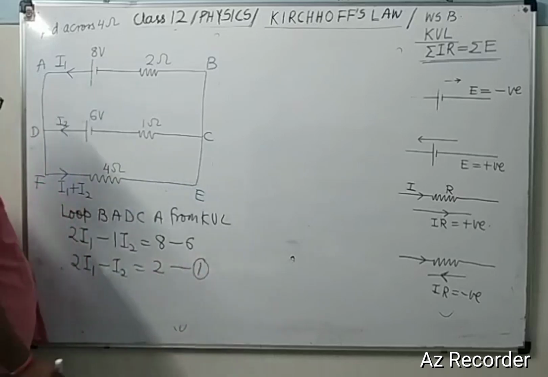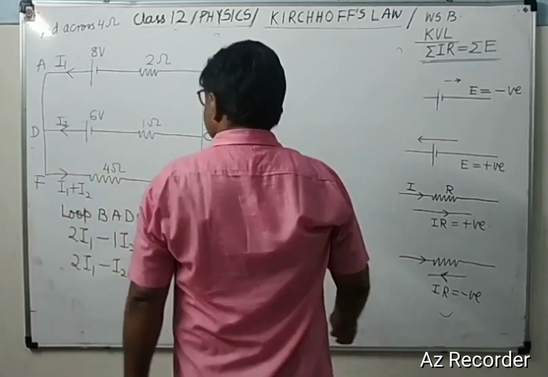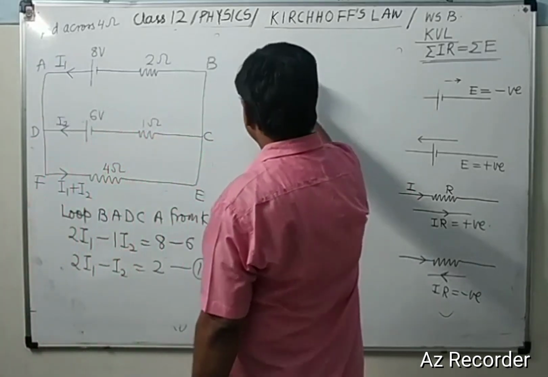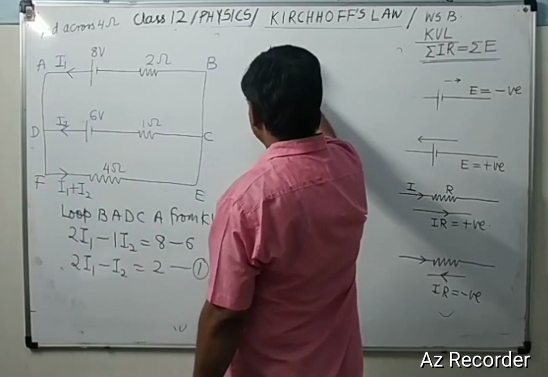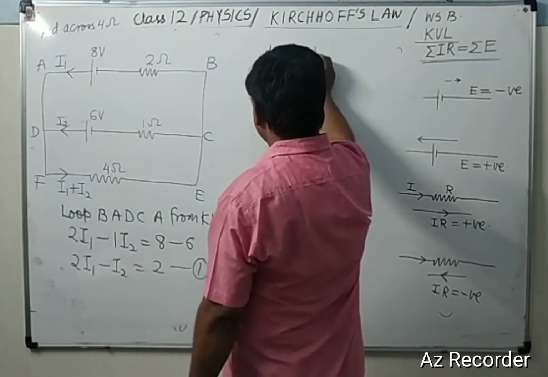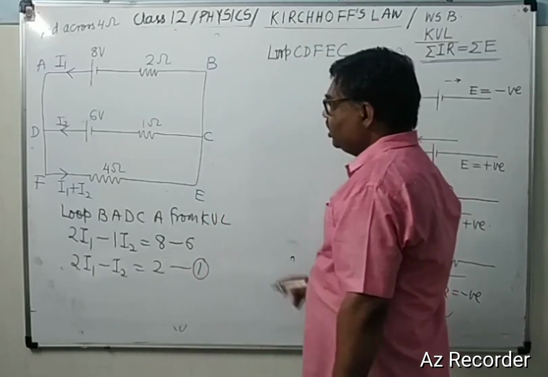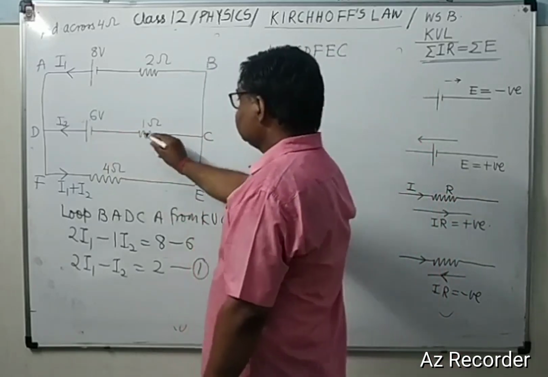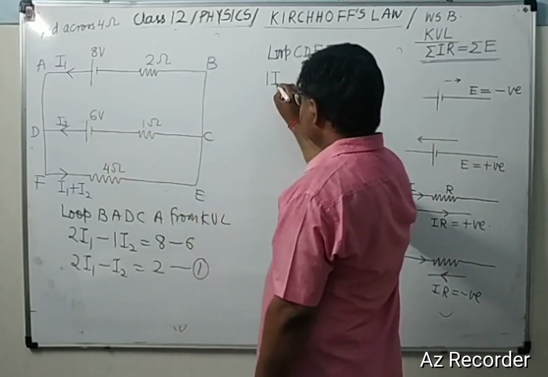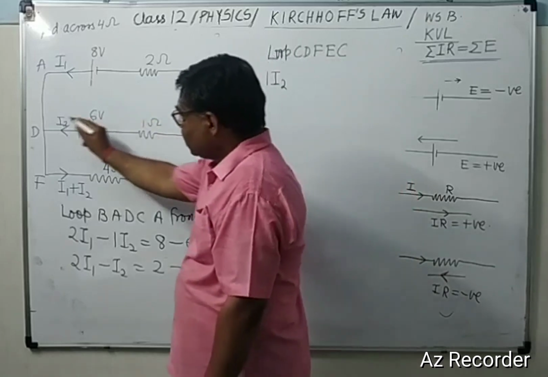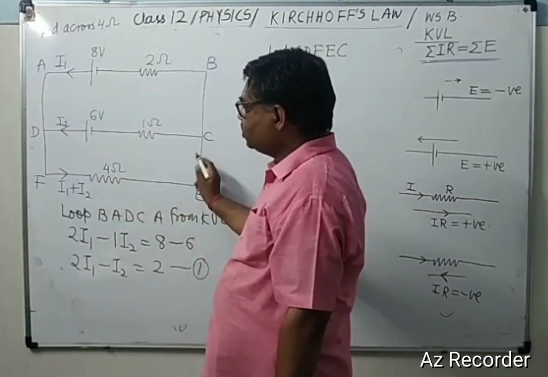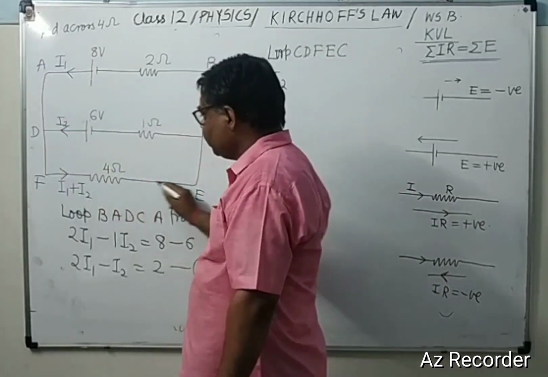It's clear? Then you take loop CDFEC. If you see here, in the direction of current, IR will be positive, 1 into I2. Then here also the IR will be positive because you are traveling this way.